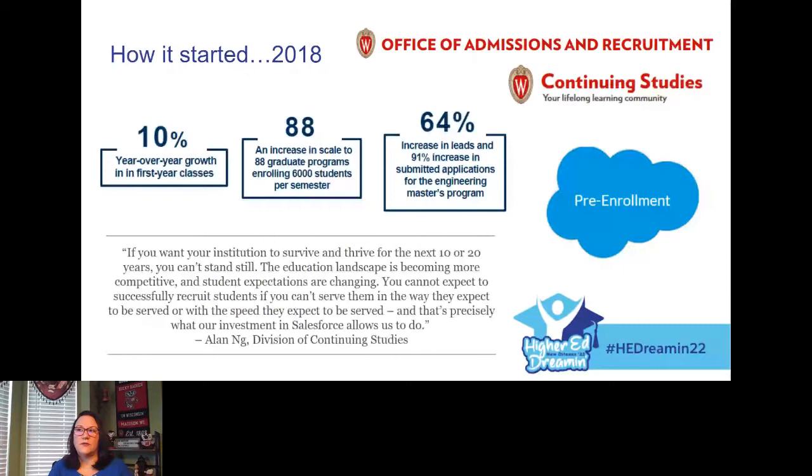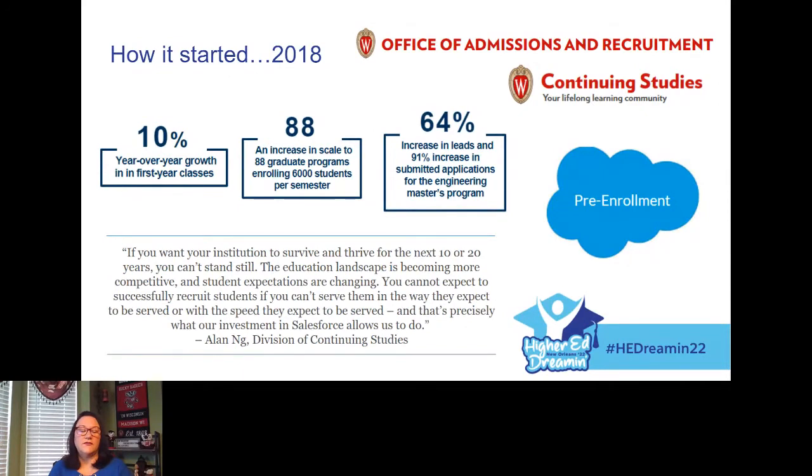Well, it started with the Office of Admissions and Recruitment and the Division of Continuing Studies. And we had some visionaries that came together from those two departments. And although they had very different goals, very different processes, they knew that with the power and scalability of Salesforce, they could have all of their needs met in a single Salesforce org.